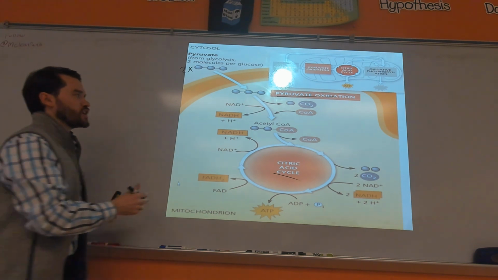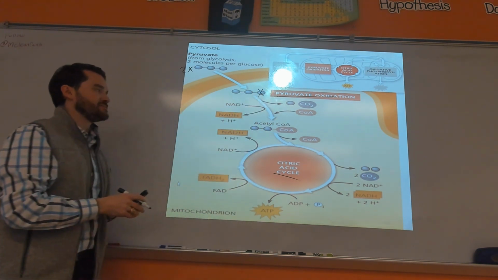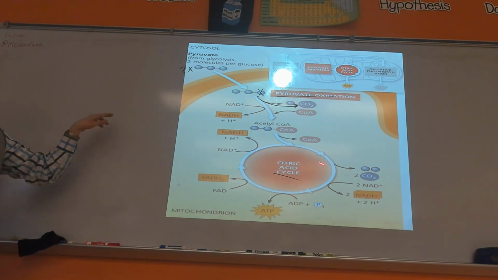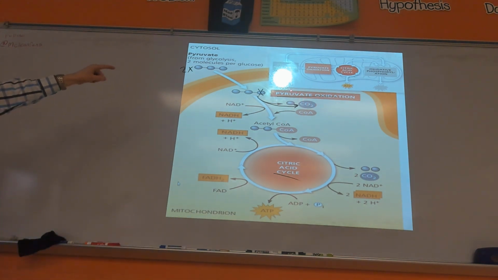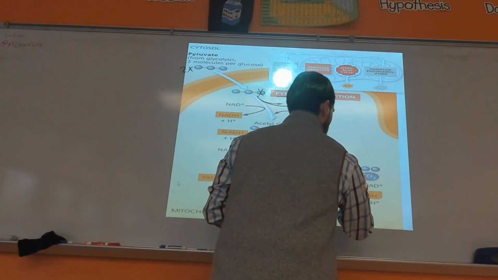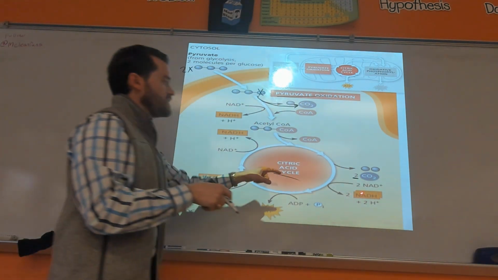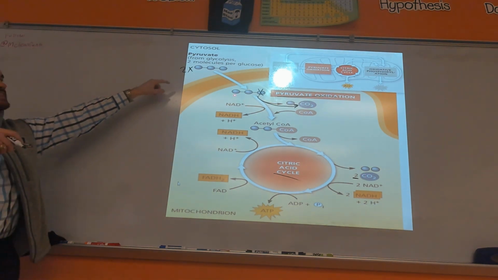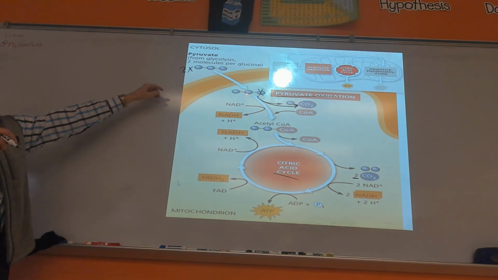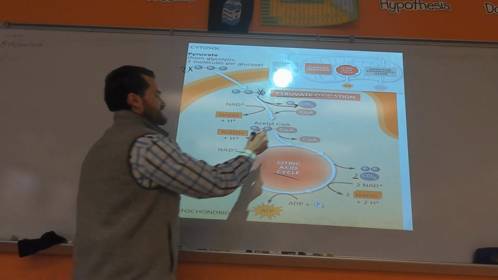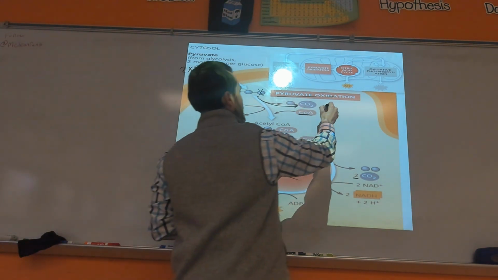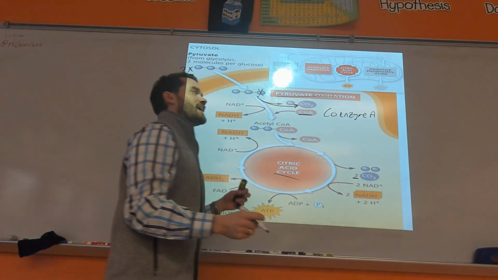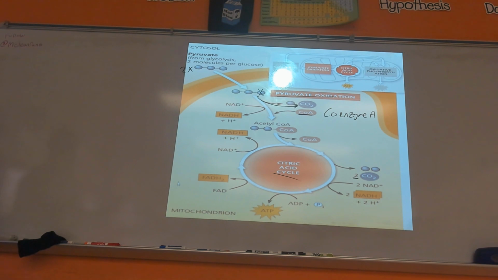What we're going to do is remove one of our carbon atoms in the form of CO2. So one of the products of pyruvate oxidation, and you're going to make 2 additional CO2s here, is carbon dioxide. So this 3-carbon sugar becomes a 2-carbon sugar, and we attach CoA. CoA stands for coenzyme A. Remember, coenzymes help enzymes be more efficient.